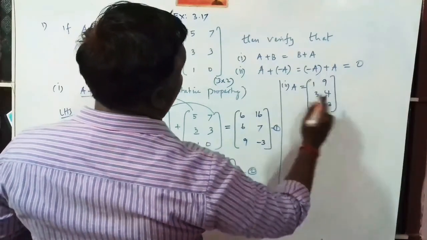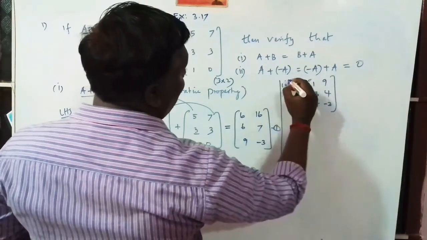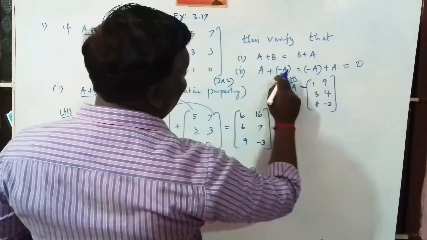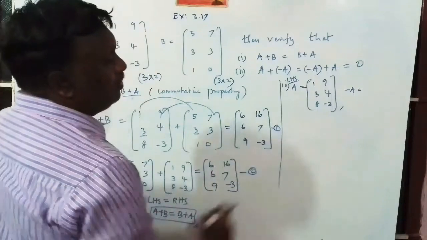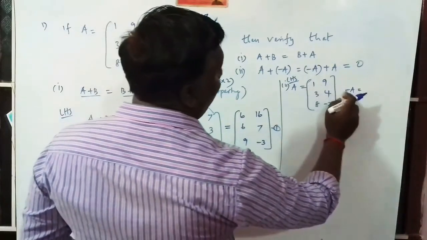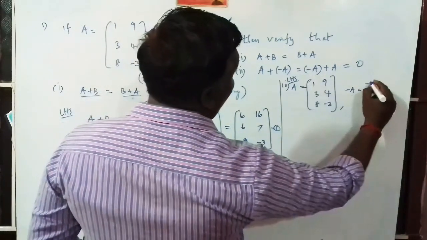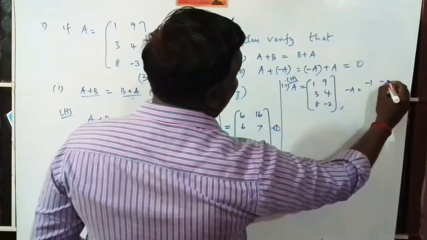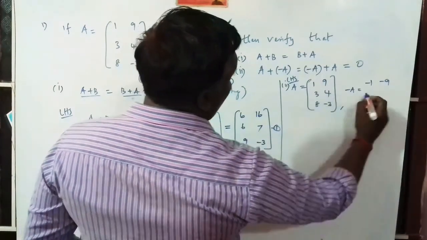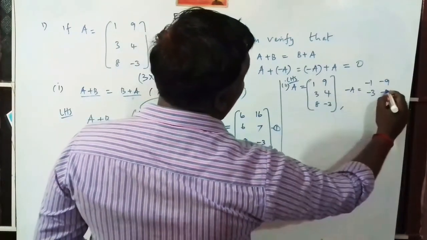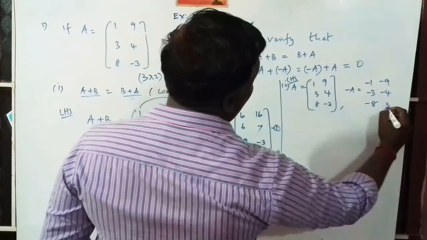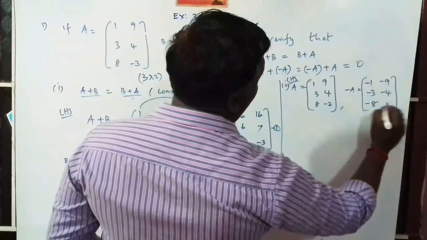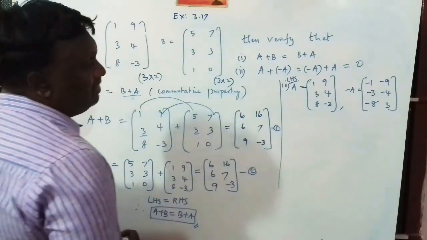This is A. For the second property, the left hand side is A plus minus A. The negative of A is obtained by multiplying by minus 1: minus 1, minus 9, minus 3, minus 4, minus 8, and minus into minus gives plus 3. So this is called the negative of A.